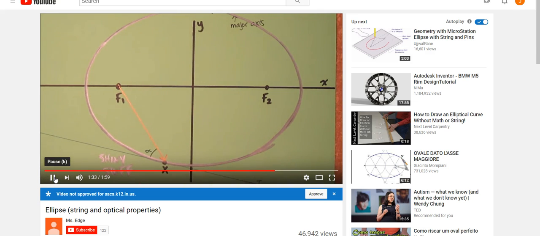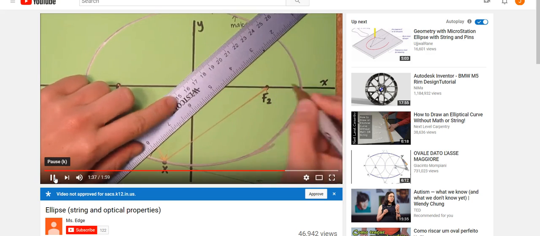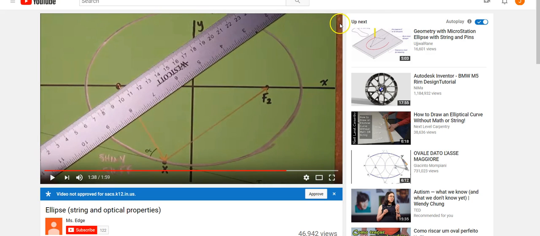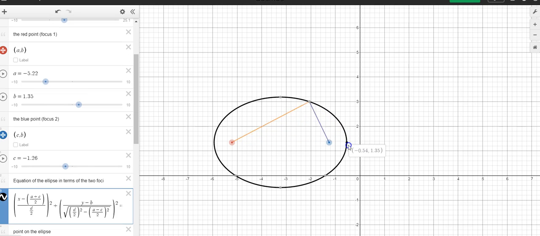Now, if I go back to the other picture, I wonder if I could pause the other demonstration. It won't let me do it, will it? I'm trying to grab it. All right, never mind.